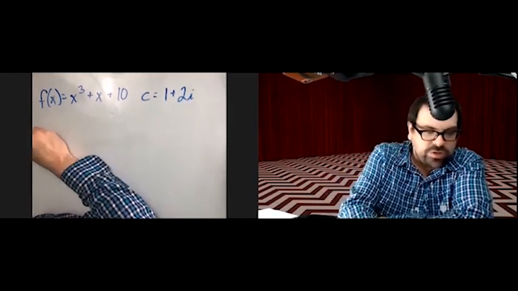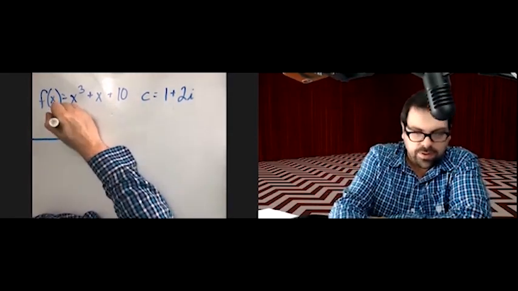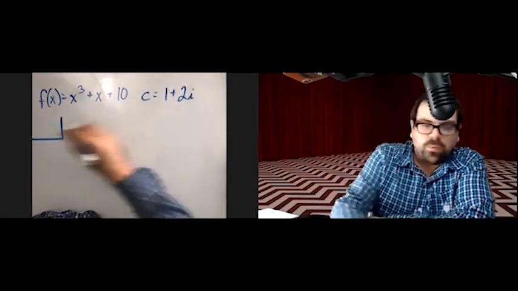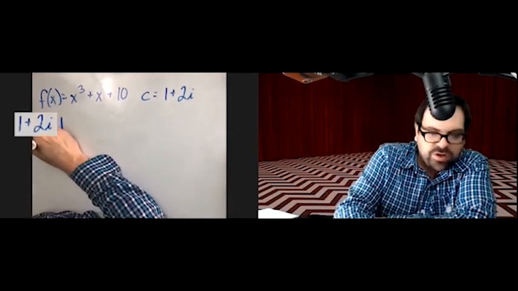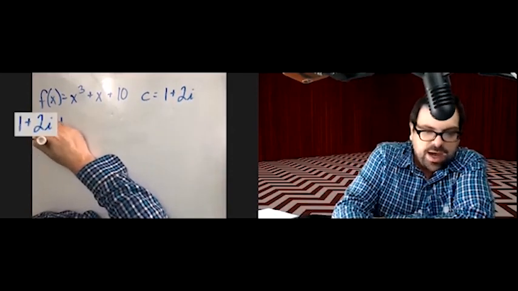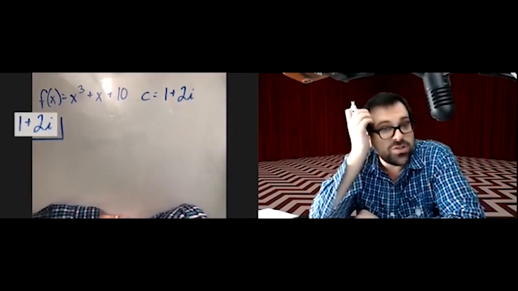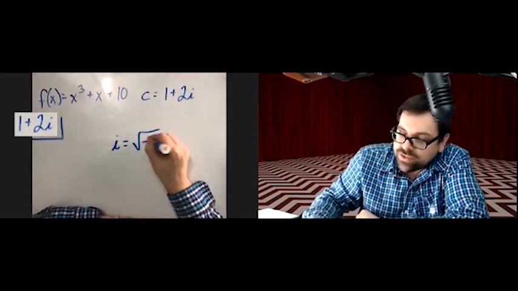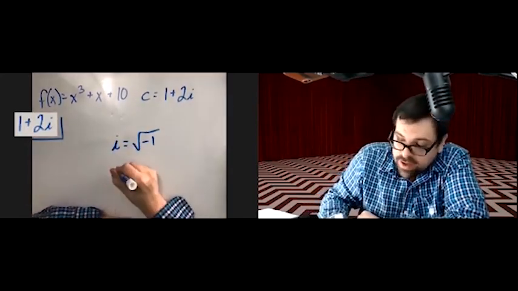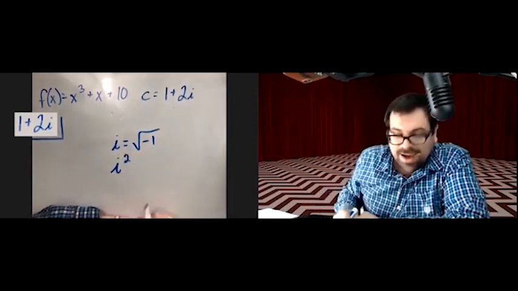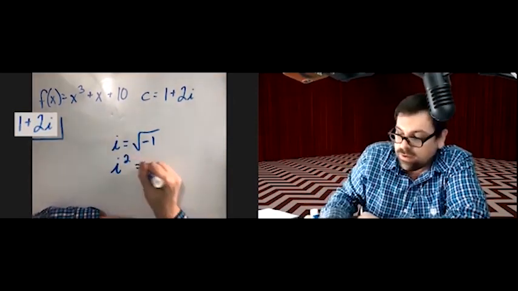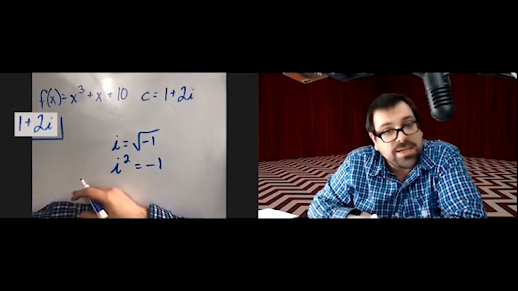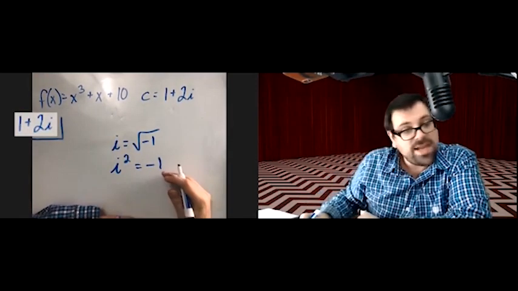This isn't going to change what we do. We are doing synthetic division on 1 plus 2i. Remember, i's work just like x's, but because i equals the square root of negative 1, whenever we get an i squared, that becomes a negative 1. So times i squared is times negative 1.